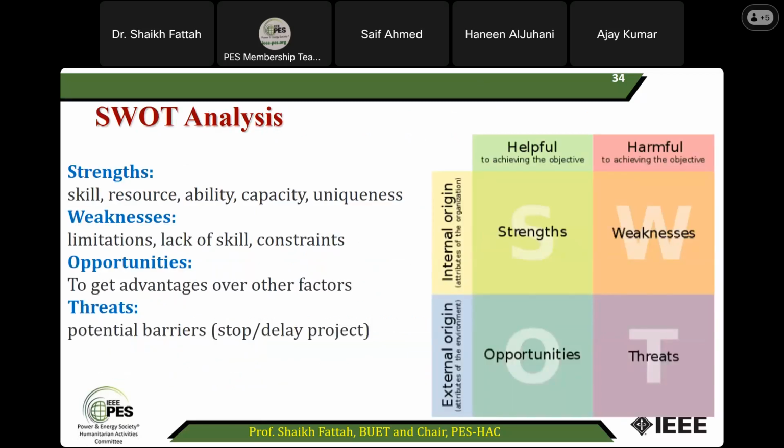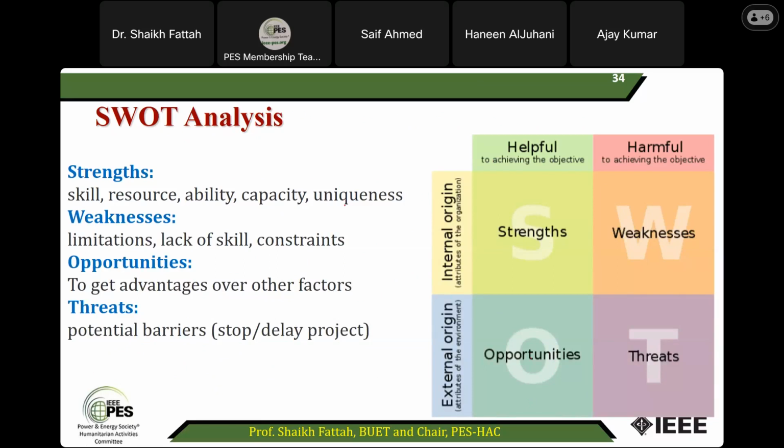This is a very conventional approach: strength, weakness, opportunity, and threat. So whenever you are doing a project, you have to understand what are the strengths, and strength means skill. As I said, the community may have some skill.